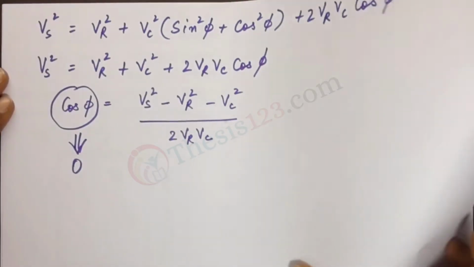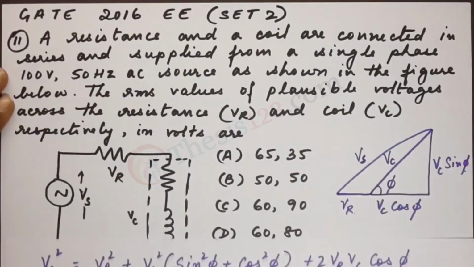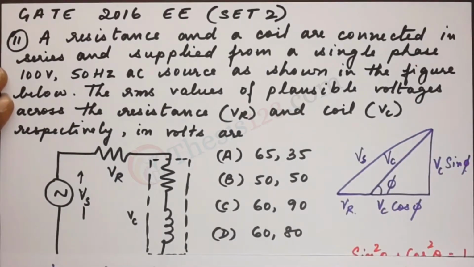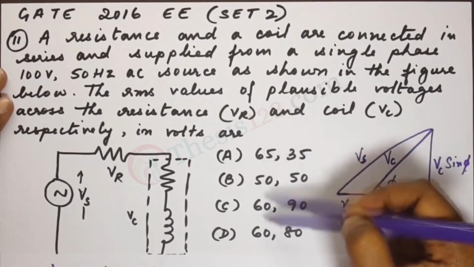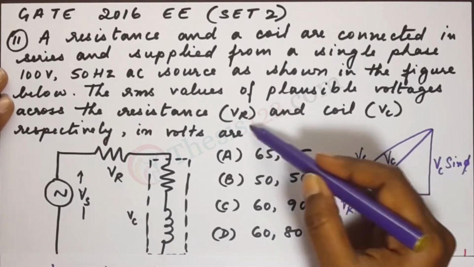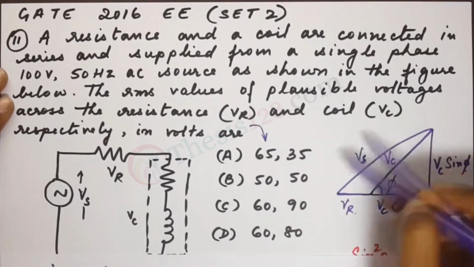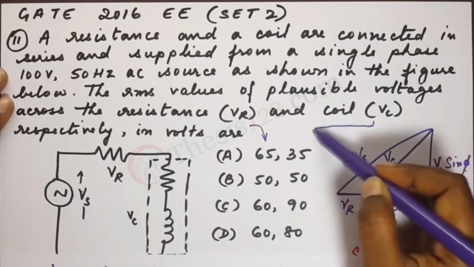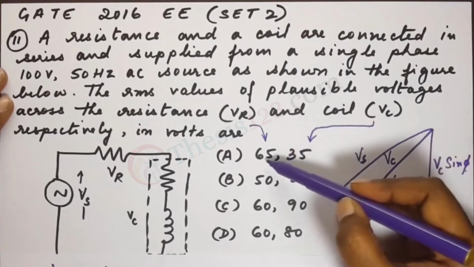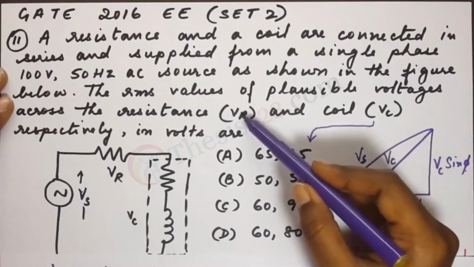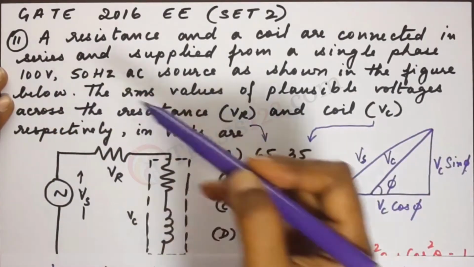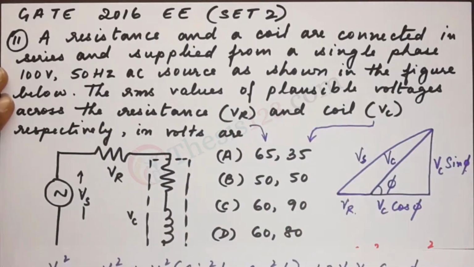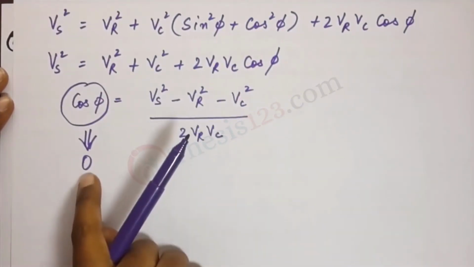The first set of values corresponds to VR and the second set corresponds to VC. So if you substitute 65 for VR, 35 for VC and 100 for Vs, you should be able to get the value as 0.